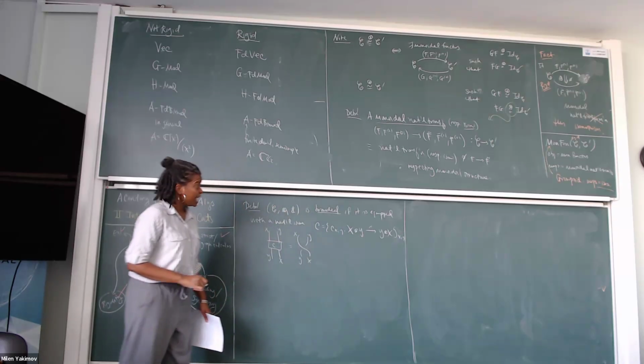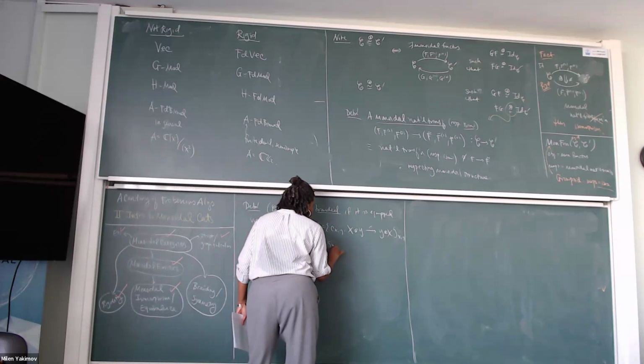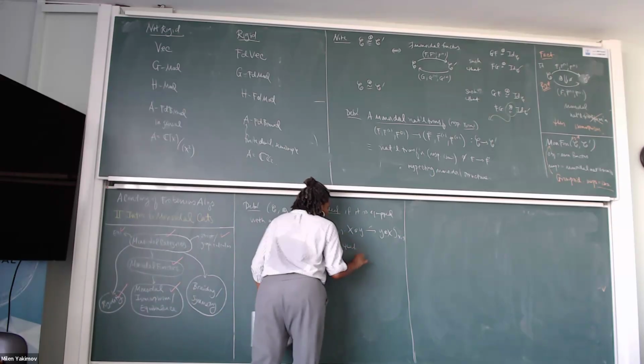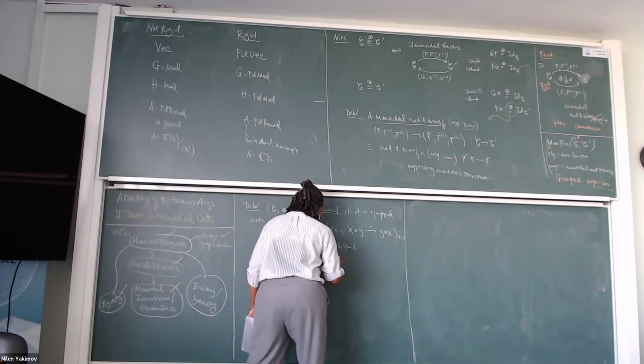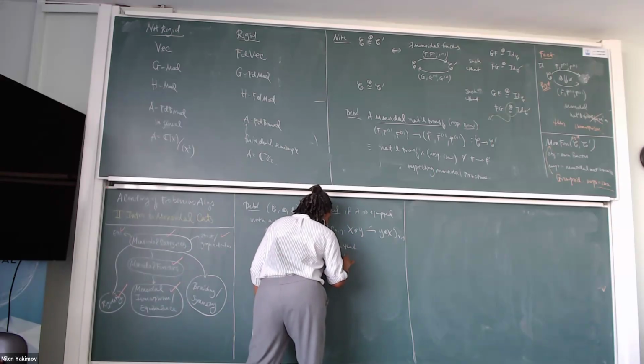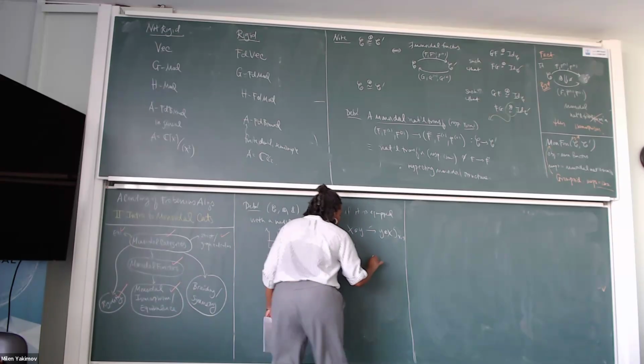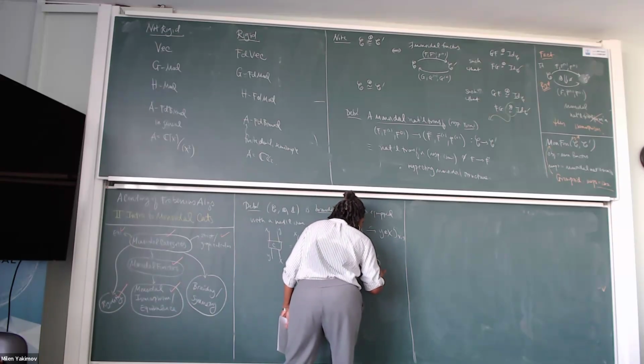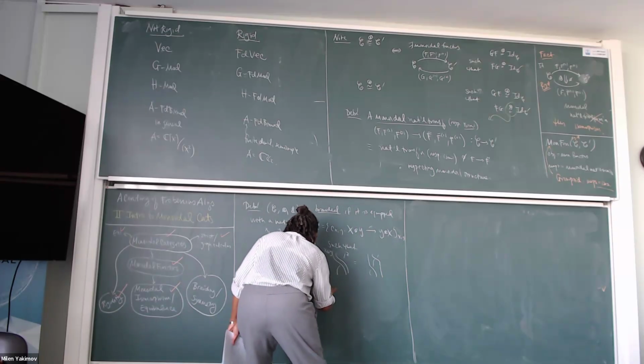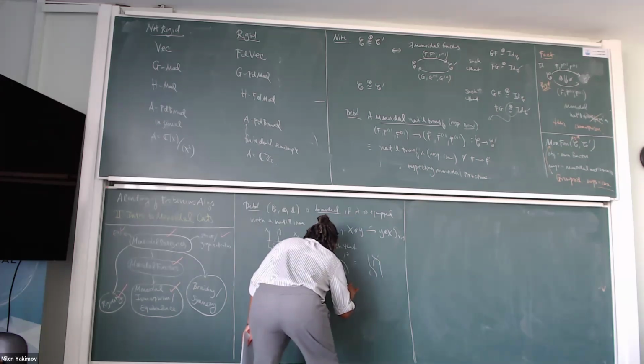And this has to play nicely with the monoidal product. So if I swap X tensor Y over Z, that's going to be the same thing as swapping Y over Z and then X over Z. And then likewise, we have this picture.